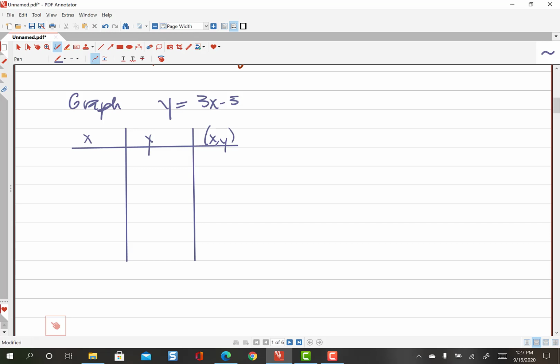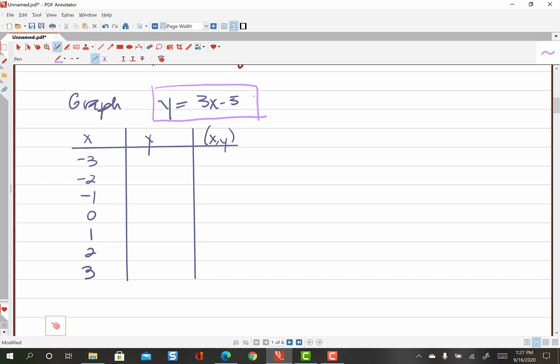So if I pick things like negative 3, negative 2, negative 1, 0, 1, 2, and 3, I'm just picking x values in a row. What we want to do is figure out what our y values are. We're going to take this equation, substitute in the x values, and calculate the y's.